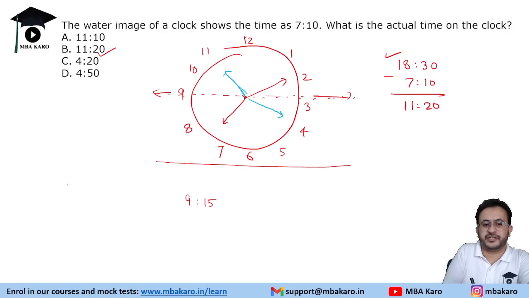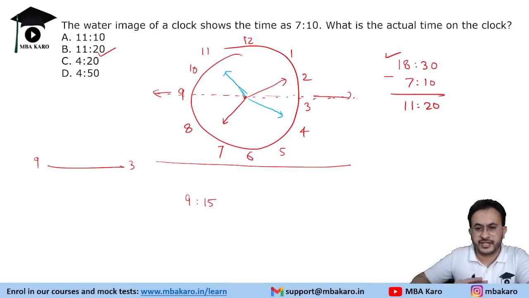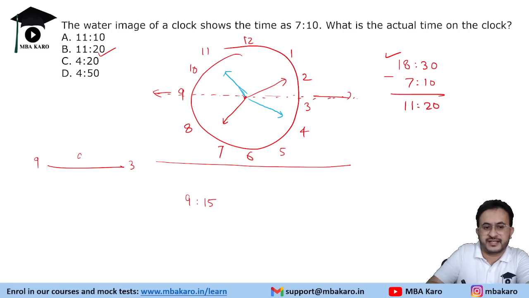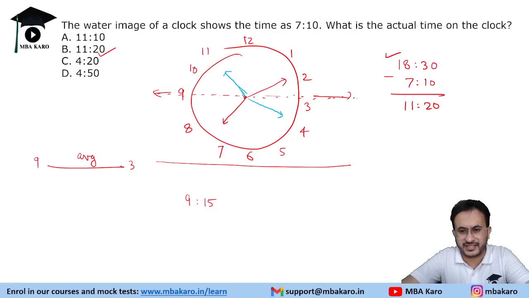If you consider this line, it is 9:15. So if you reflect it, 9:15 is the average line of these two. So average is 9:15, total is 18:30. That is the logic. No need to remember the logic, just know that you subtract from 18:30, as simple as that.